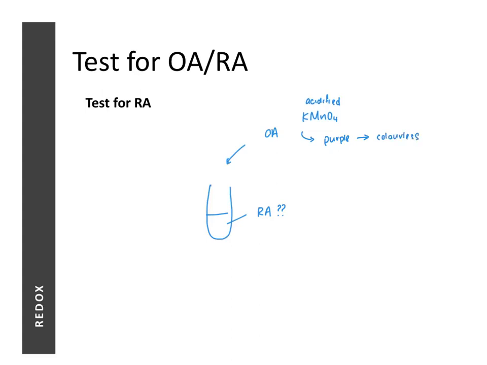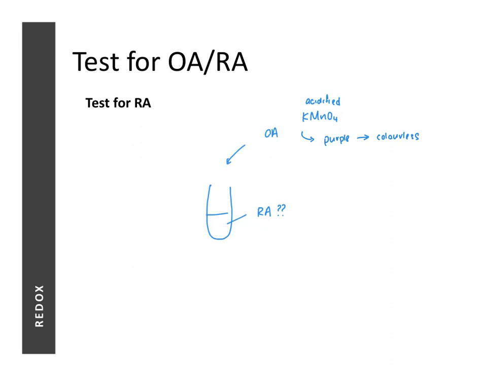It means that the oxidizing agent has been reduced, and that indeed the solution contains a reducing agent. So in order to test for a reducing agent, we need to add an oxidizing agent. If the oxidizing agent changes color, it tells us that indeed a reducing agent is present in the solution.